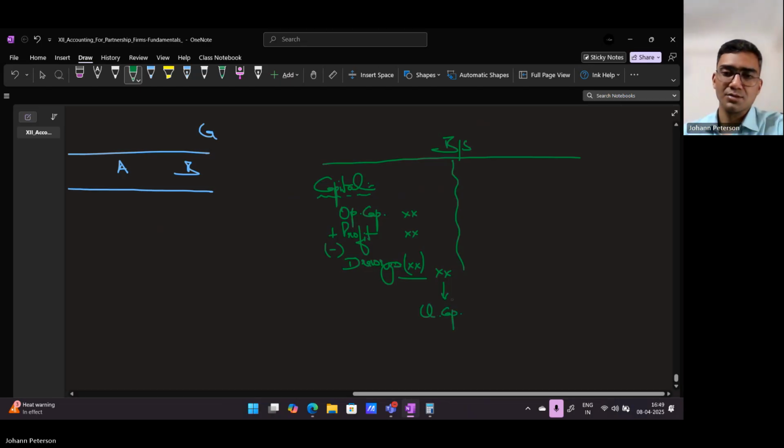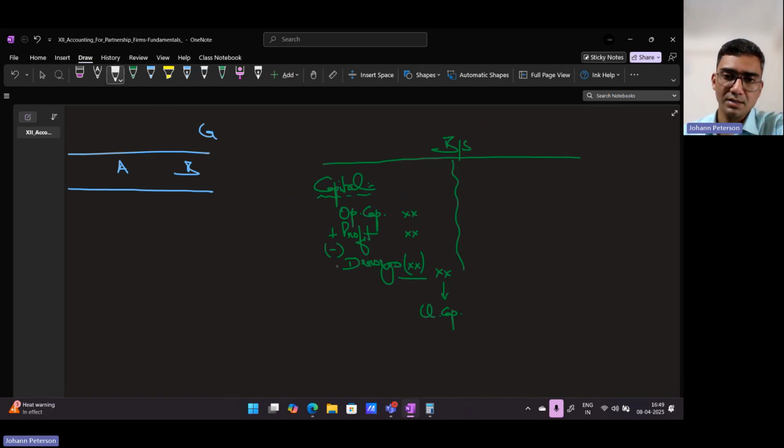Okay. So if we are in this question told that the drawings which are mentioned here are written on this side, what difference does it make having it being written here? It is in fact telling us our closing capital. A balance sheet always tells you your closing capital. So we are told our closing capital, which is what we are concerned with.